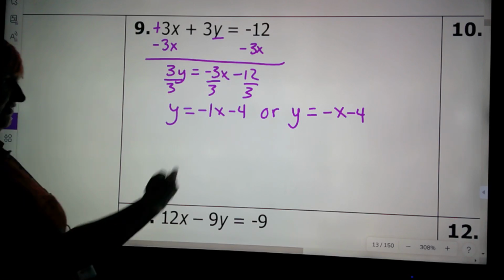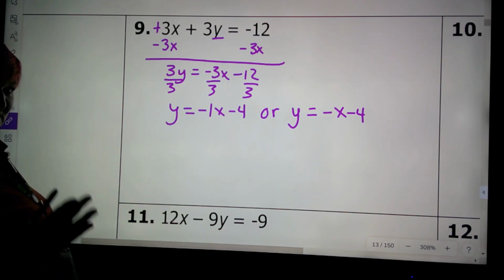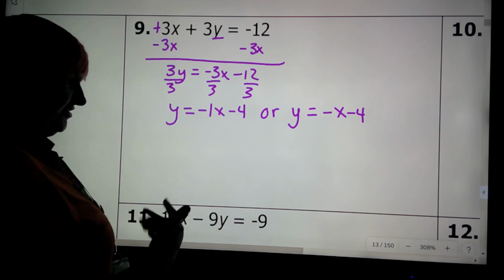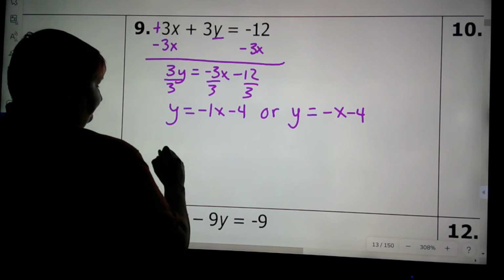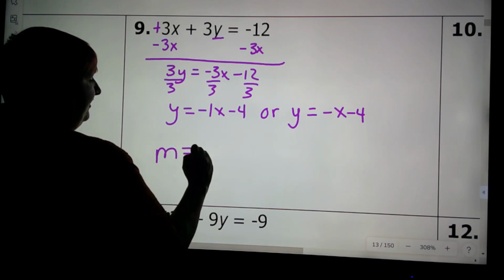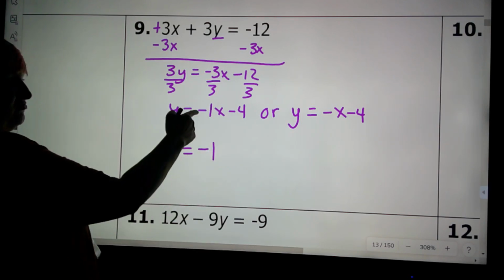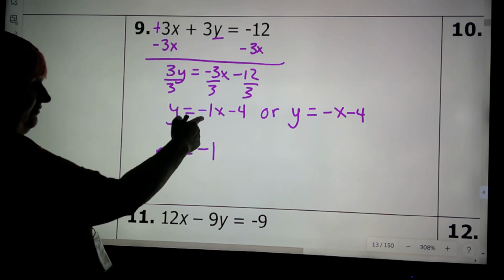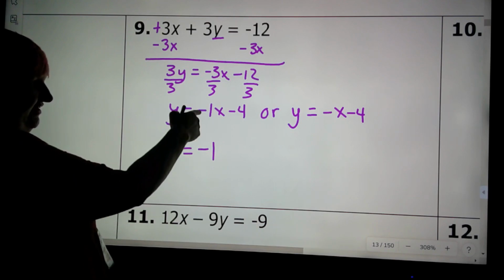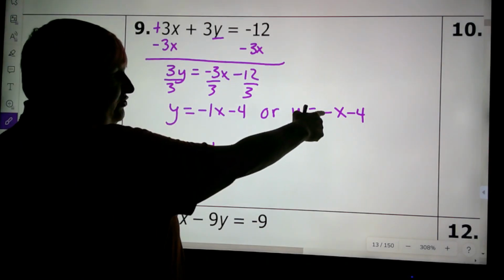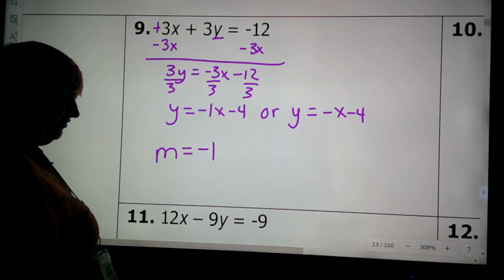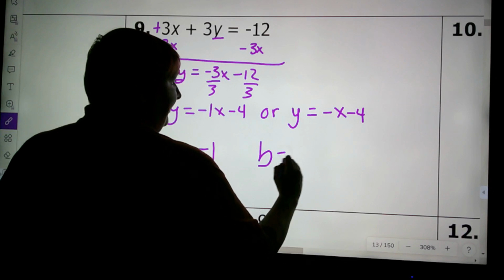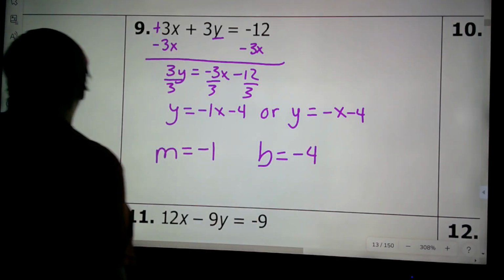The one coefficient tends to be invisible, so you can put it or not put it. It's still correct. Your slope is negative 1. This is why it helps you to put it, though, because it reminds you that your slope is negative 1. If you look at here, you can tell your slope is negative 1, but only if you remember there's an invisible 1. Your y-intercept is negative 4.